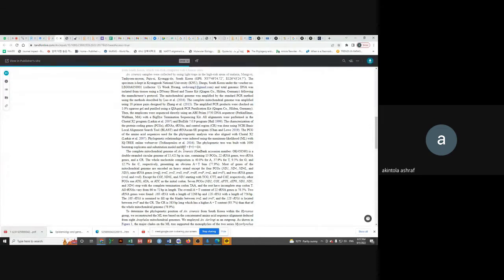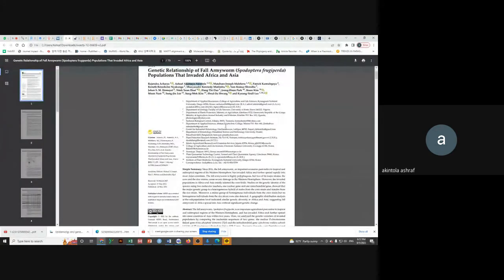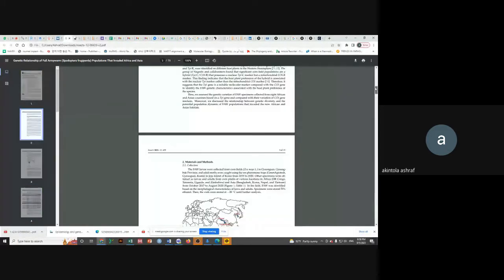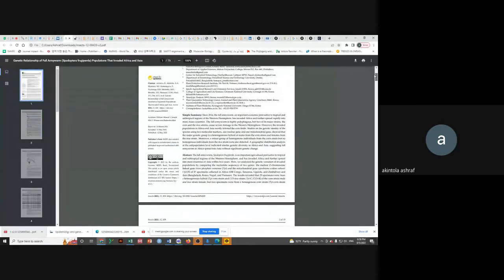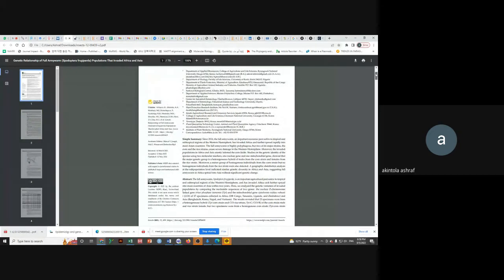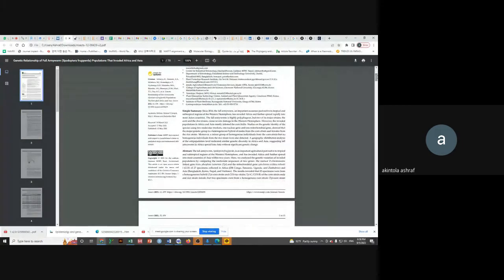There are also other markers that are used. In this particular publication, I mentioned that the TPI gene was also used. The TPI gene is present in the nucleus, so we can also use it for population studies, especially when we are dealing with insects or organisms that have strains. What do we mean by strains? They have the same genetic makeup, the same DNA, but they are strains.